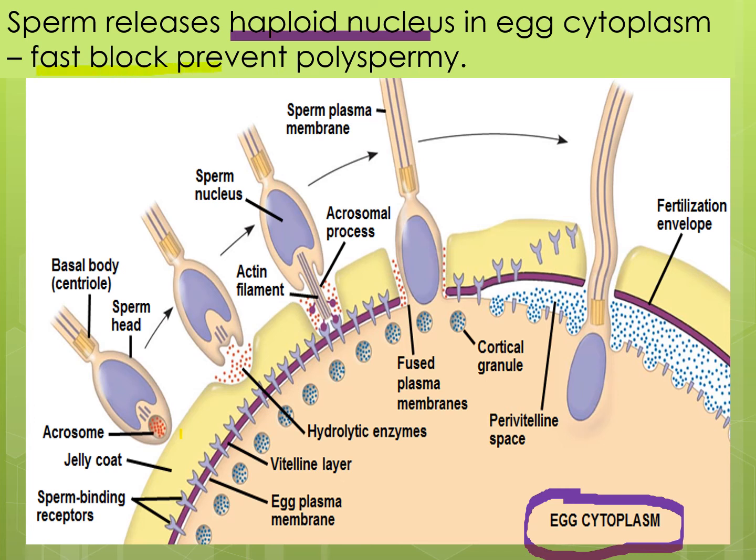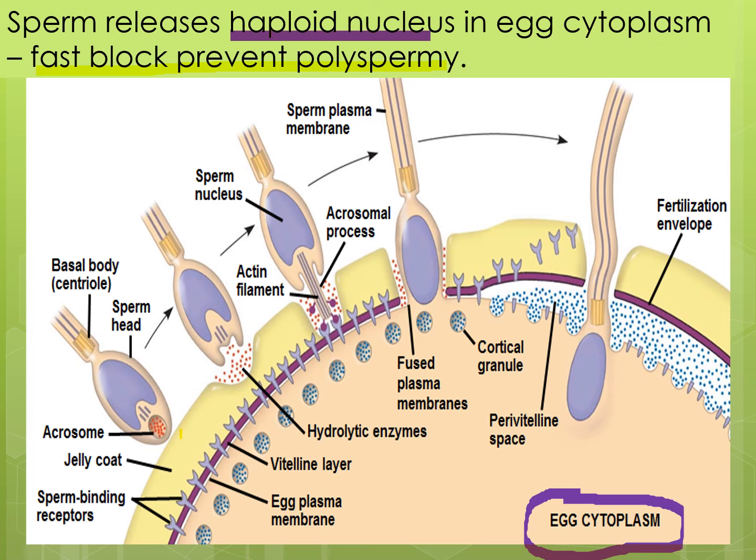And what do we mean by that statement? Remember, there are millions and millions of sperm trying to enter the egg, but we only need one haploid nucleus from a sperm cell. We don't need the nuclei of all of those other sperm. So once a haploid nucleus has entered the cell, the egg cell will create a fast block to polyspermy.